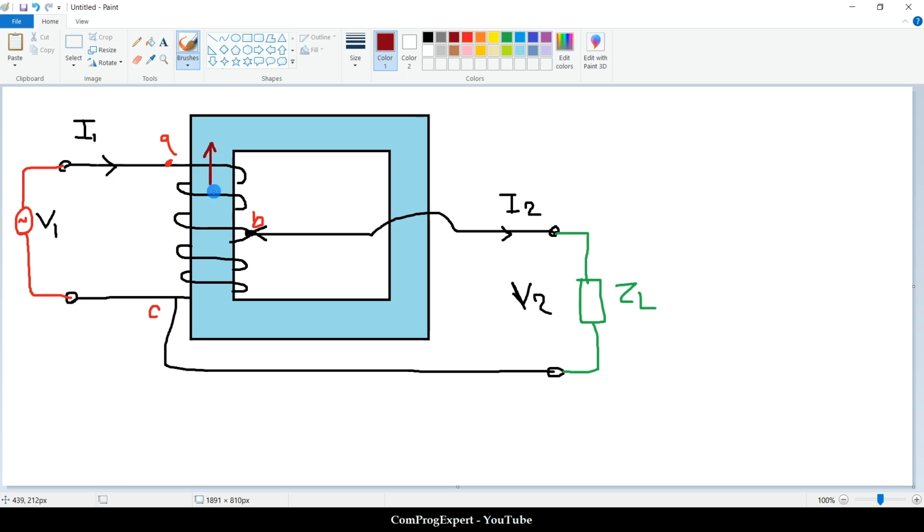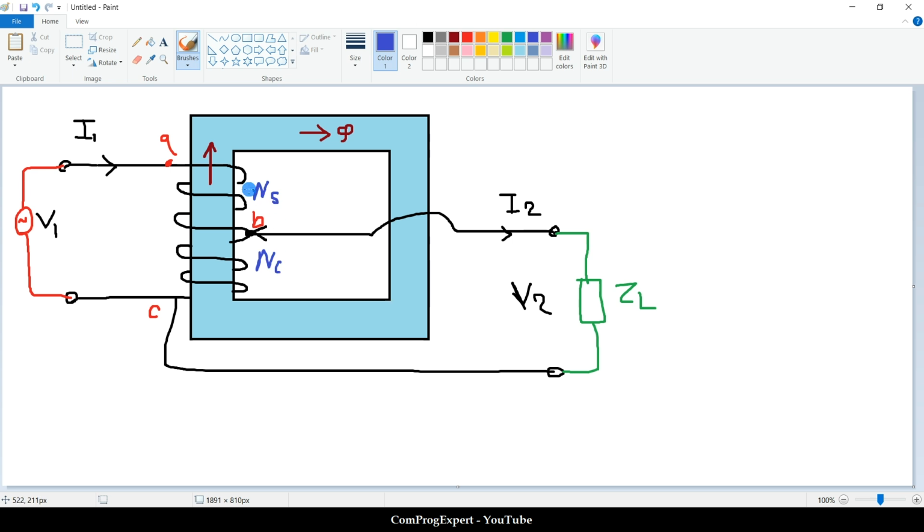Okay, so as you can see, the core flux passing through this part of the coil is the same as this one. Let's call the number of turns between A and B N_S, number of series turns, and the turns from point B to C N_C, number of common turns.